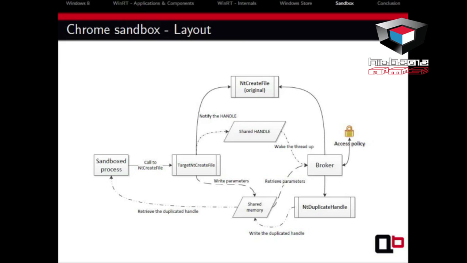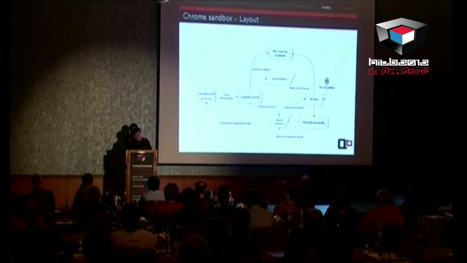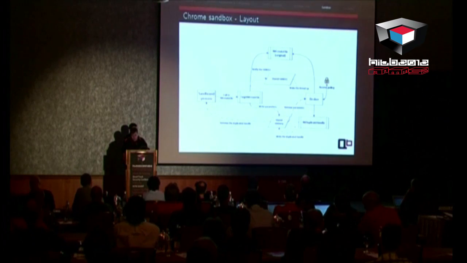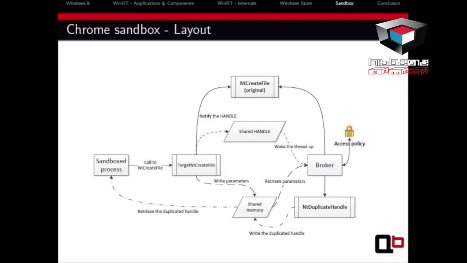Of course, if it fails, it will write parameters to shared memory and notify the shared handle to tell the broker that it has something to do. On the broker side, it will retrieve parameters through the shared memory, check with its own access policy if the Sandbox's process is allowed to perform the call, and then call NtCreateFile with its own rights.